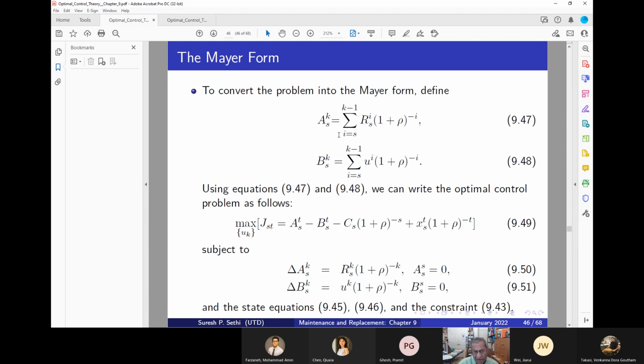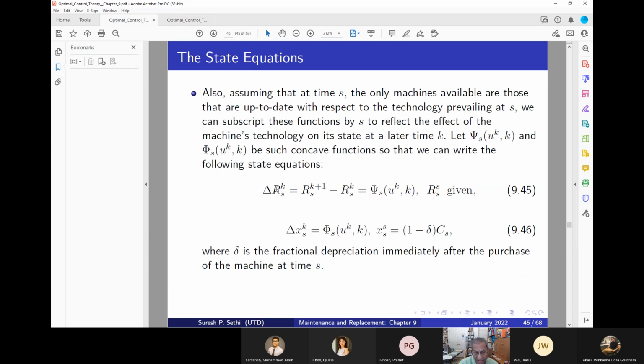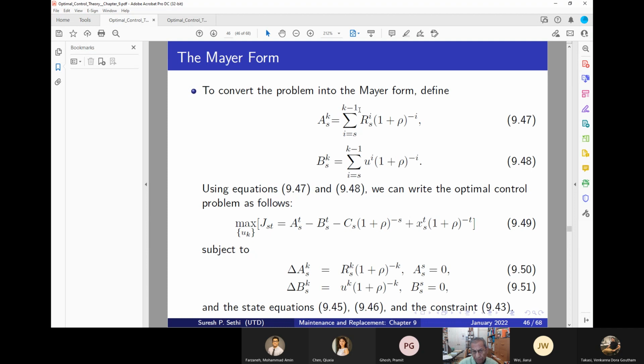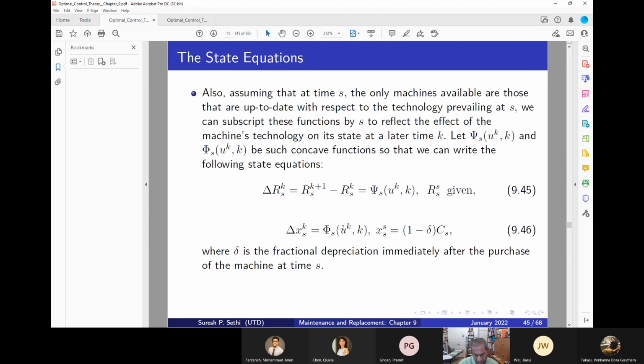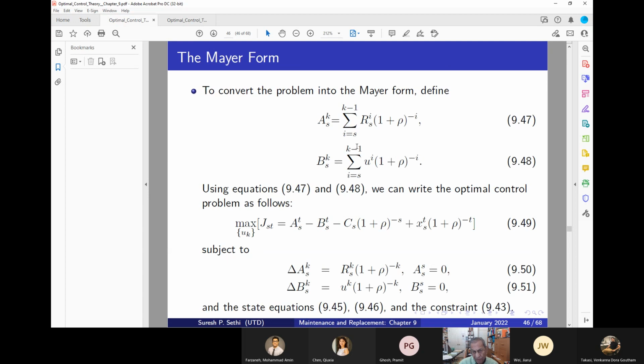So just like we did the Meyer form in other places, we now have ASK, another variable, which is the integral of this guy from S to K minus 1. And BSK is the integral of this one from S to K minus 1.